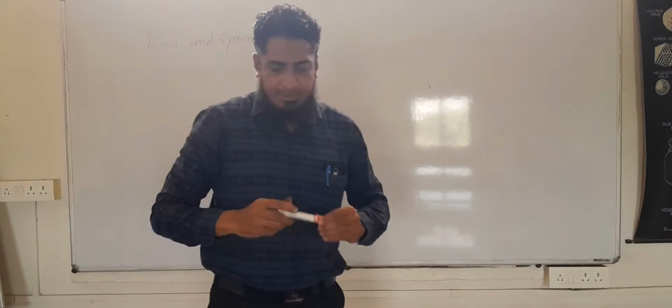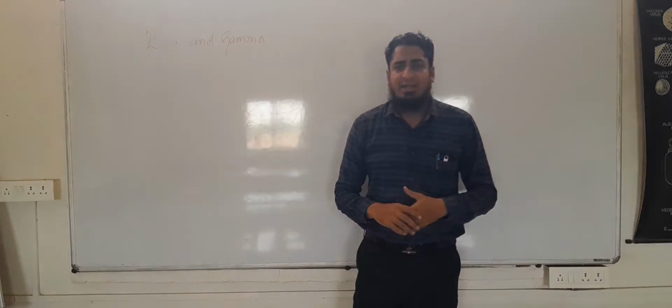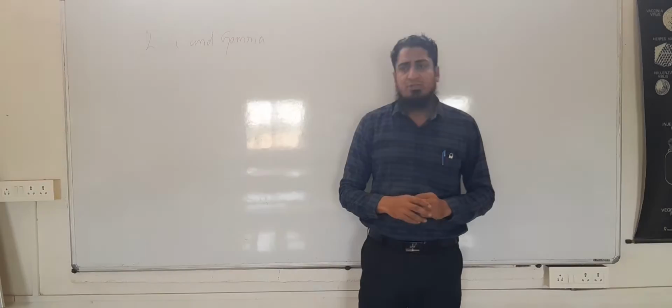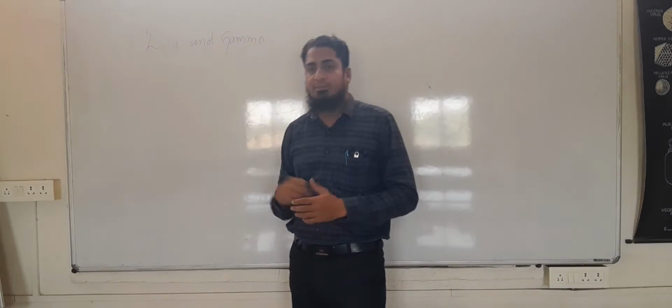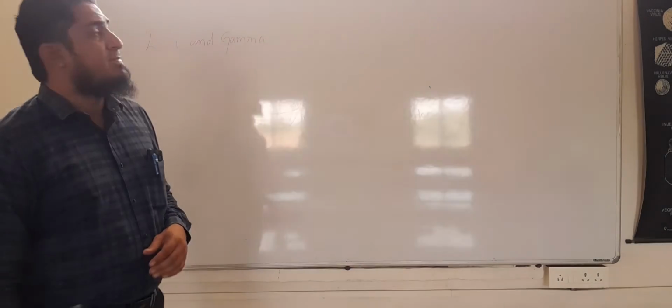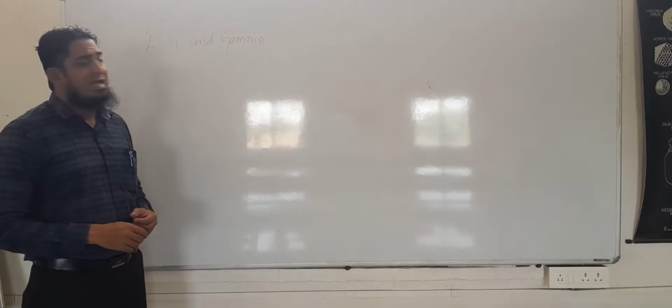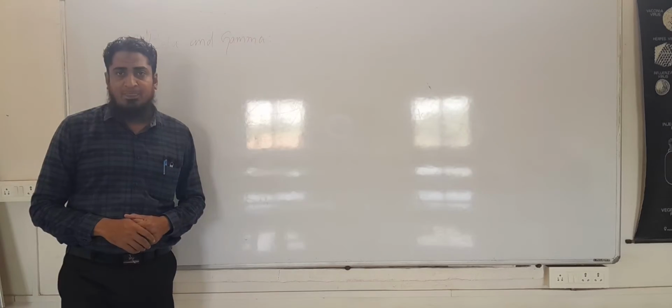First of all, why we need to find or introduce beta and gamma function. In physics and mathematics, many problems are solved with the help of beta and gamma function.